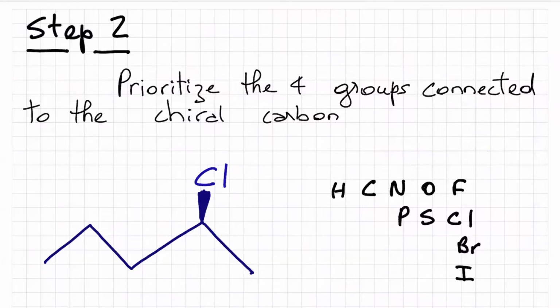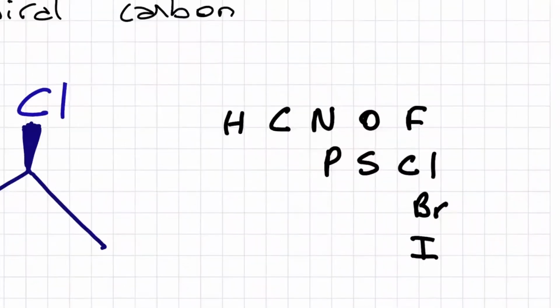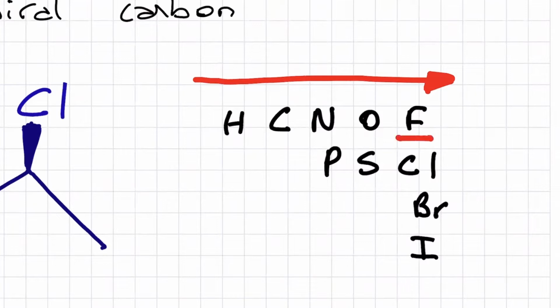Now, the trend goes that as you move across a period, like a row of the periodic table, there's an increase in atomic number, so the priority also increases. That means fluorine will be more important than hydrogen or carbon. And also, as you move down a group, or a family, or a column of the periodic table, priority also increases.